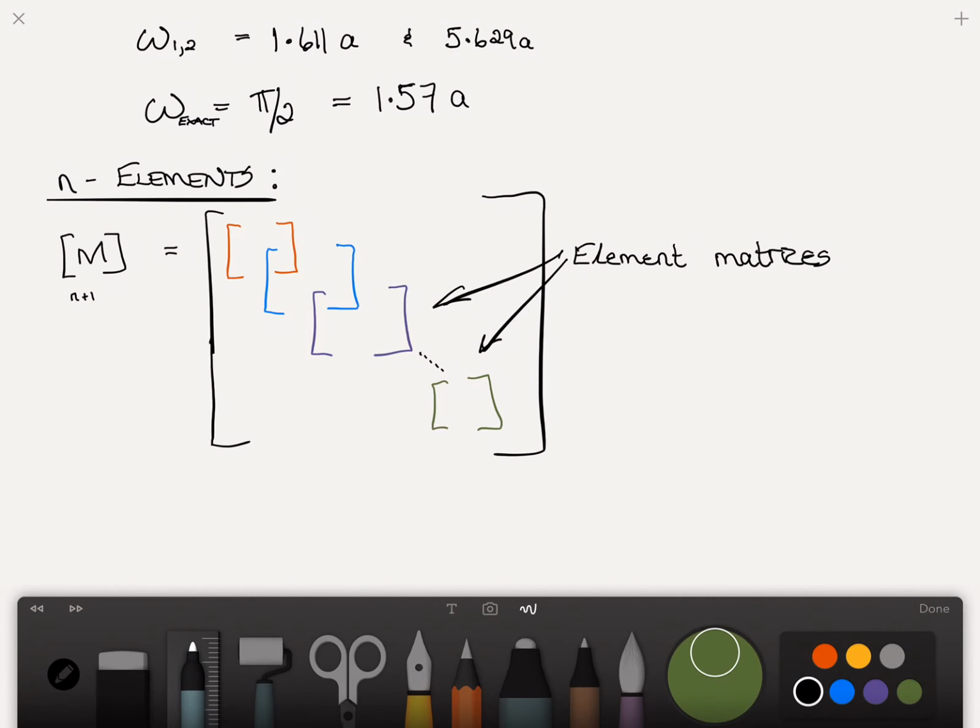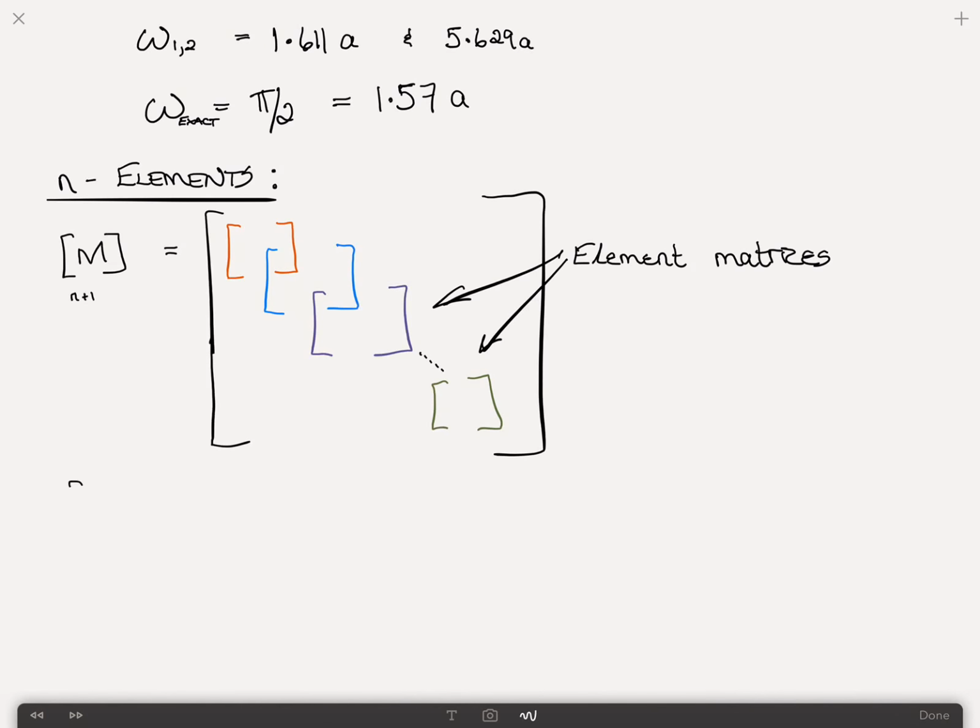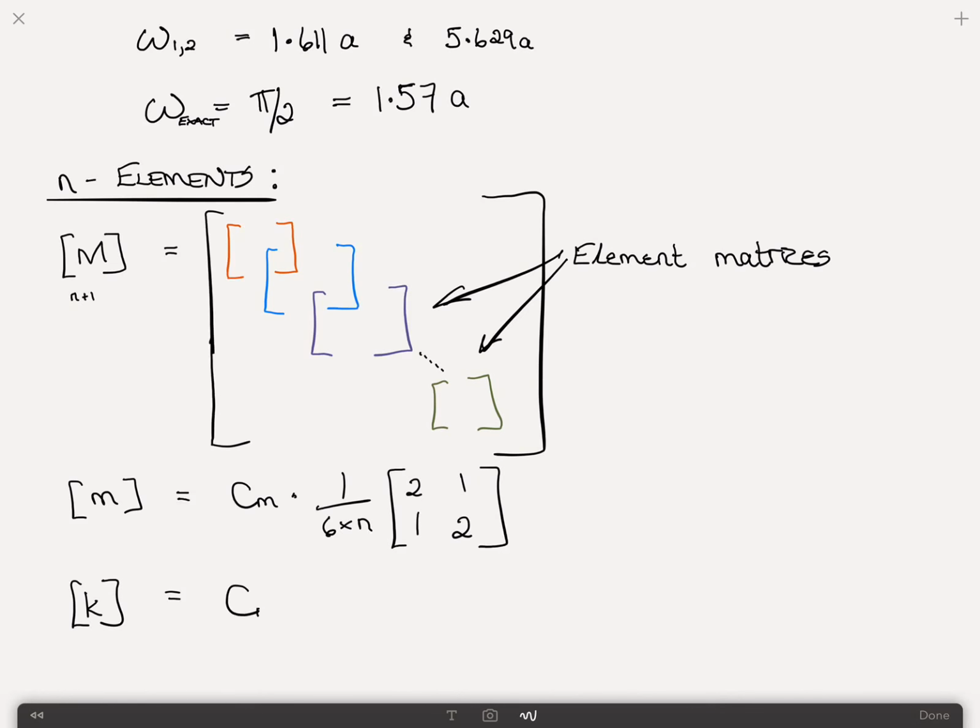Then we know that the mass matrix is equal to Cm times 1 divided by 6 times n times the matrix 2, 1, 1, 2. We know that the K matrix is equal to Ck times n times the matrix 1, minus 1, minus 1, 1.